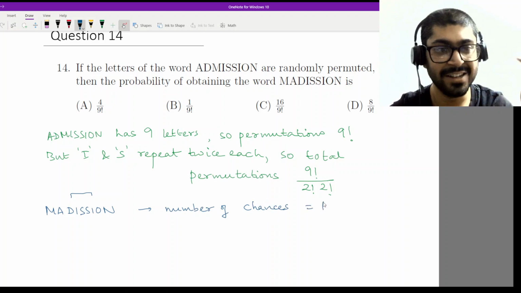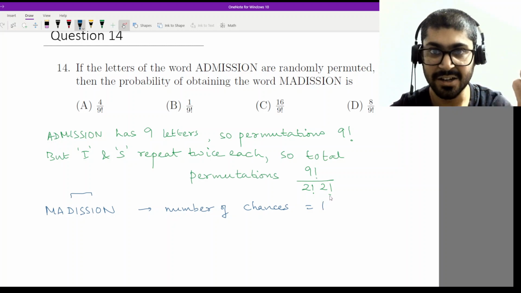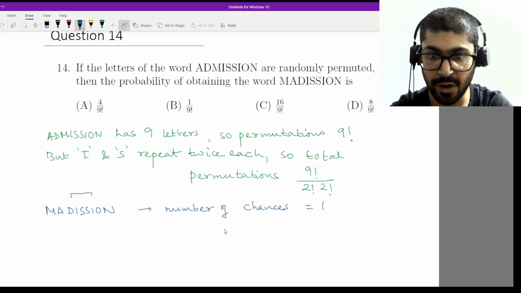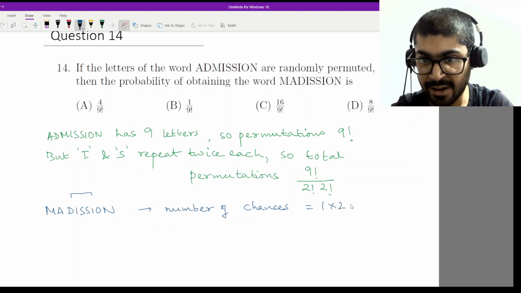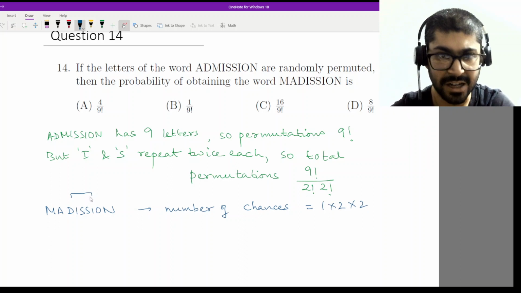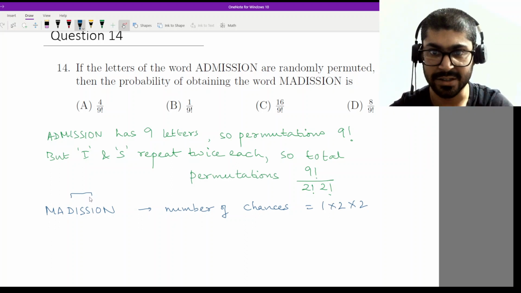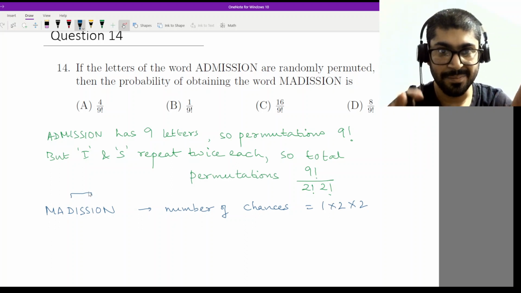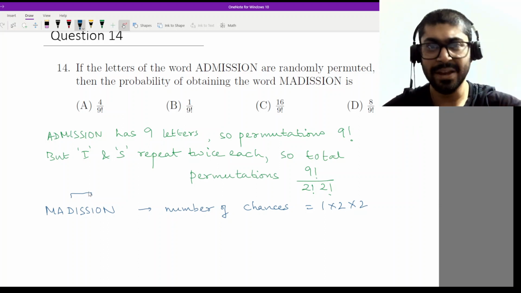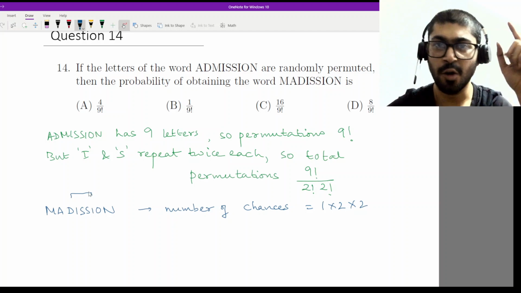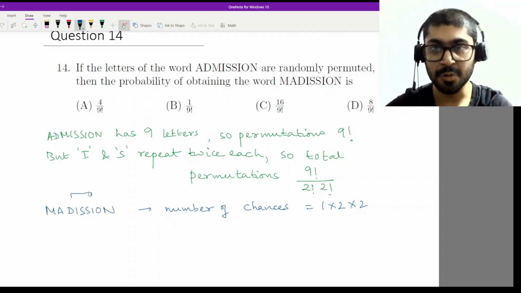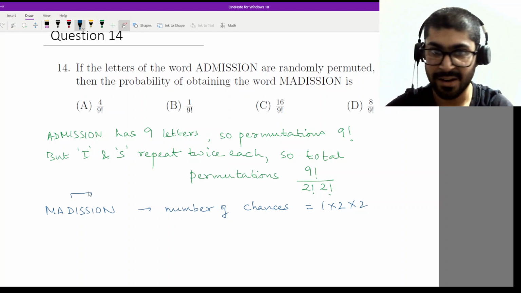But since I's and S's can be interchanged, we will have 2 more chances for I as well as S, right? So there are 4 total chances of this word occurring from the permutations. I hope you understood. The letters will be in this sequence only once, but since there is a repetition, those repetitions have to be valued.